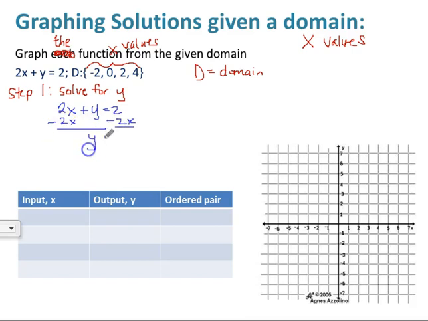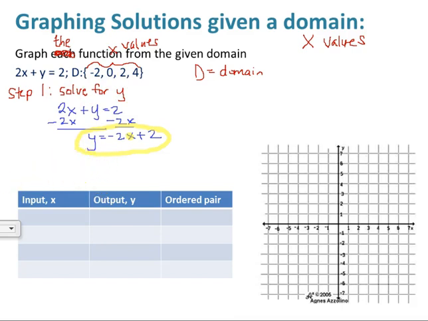And I get y equals -2x plus 2. So that is my function rule. And now it's going to be easier for us because we have what y equals. So when we plug in a value for x, it's going to tell us what y equals just right here. It's a lot easier to rearrange and solve for y to do it that way.